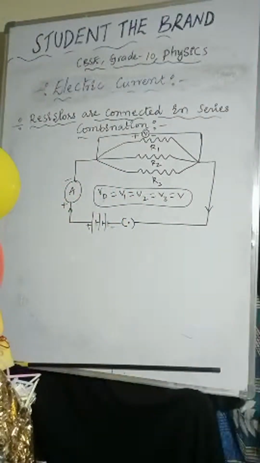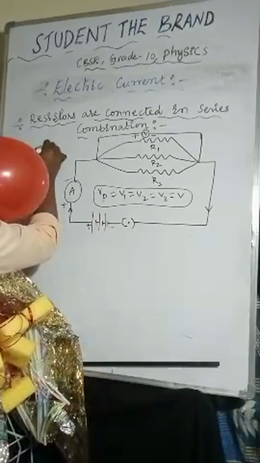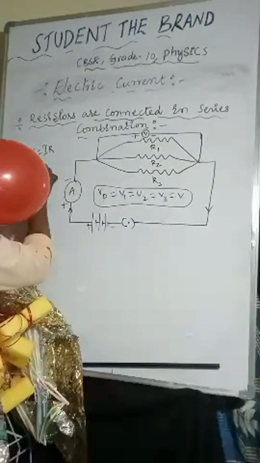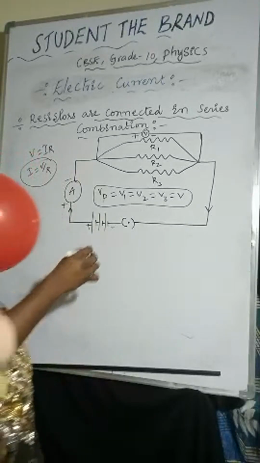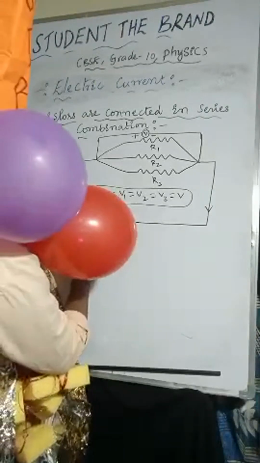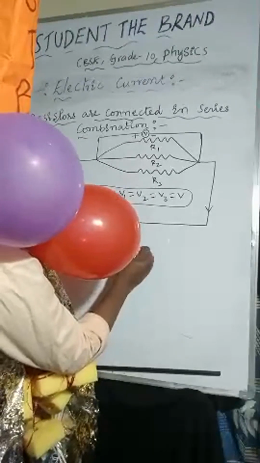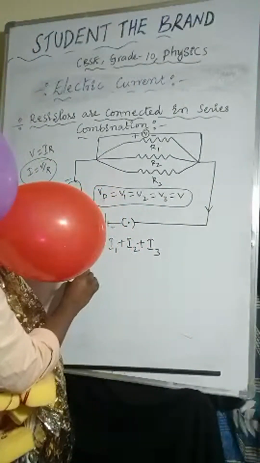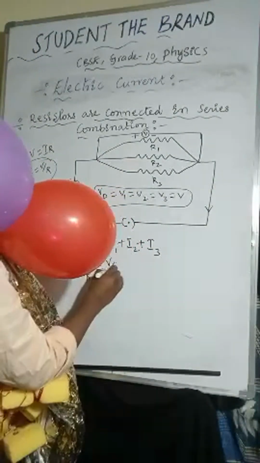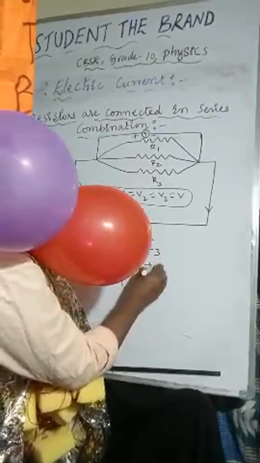So Vp equal to V1 equal to V2 equal to V3 equal to V. The current is different. From Ohm's law, V equal to IR, I equal to V by R. Then we can substitute. So Ip equal to I1 plus I2 plus I3, that is V by Rp equal to V by R1 plus V by R2 plus V by R3.